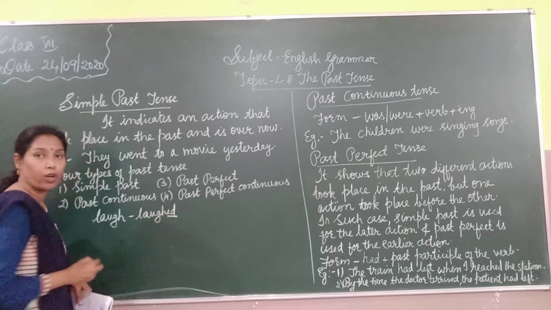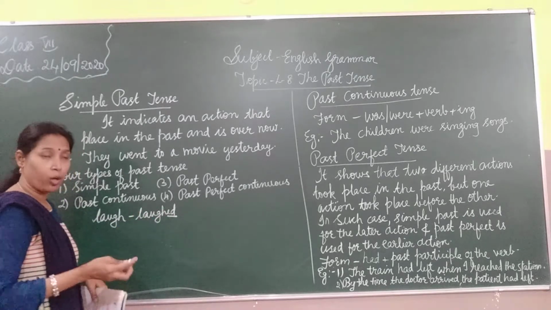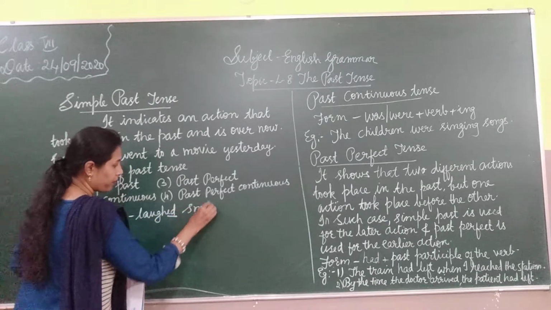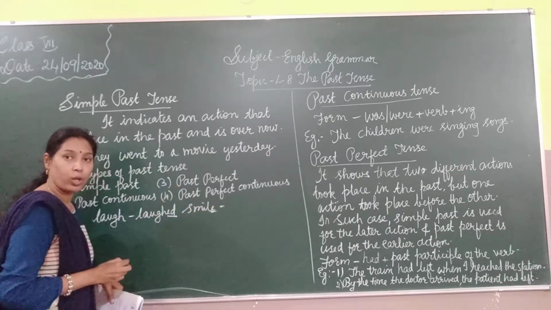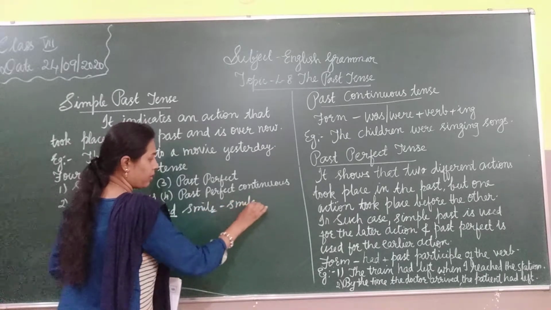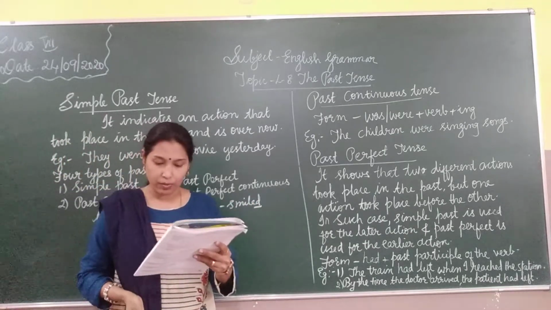L-A-U-G-H-E-D. Then it will become what? The past form of the verb. Ed you can add, or else D only will be needed. Another one, smile. E already here, so we don't need to write again ed, just add D. So in this way you can form the simple past form of the verb.